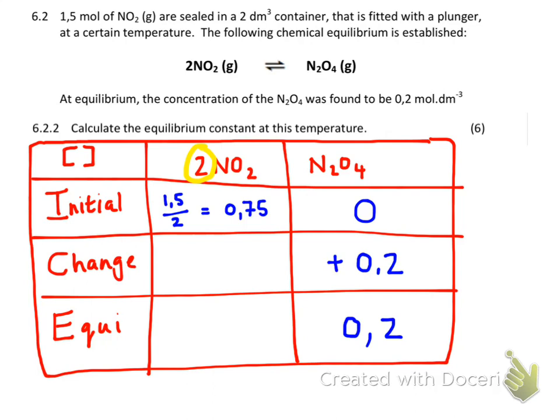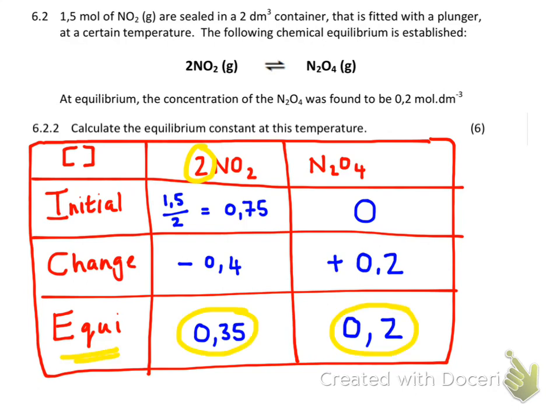So in the change row, we would put a change of 0.4 because that's twice the 0.2, and that obviously decreases because it's a reactant, and so that's why there's minus 0.4. And that then allows us to work out 0.75 initial minus the 0.4 change leaves us with 0.35 moles per decimeter cubed of NO2 at equilibrium.